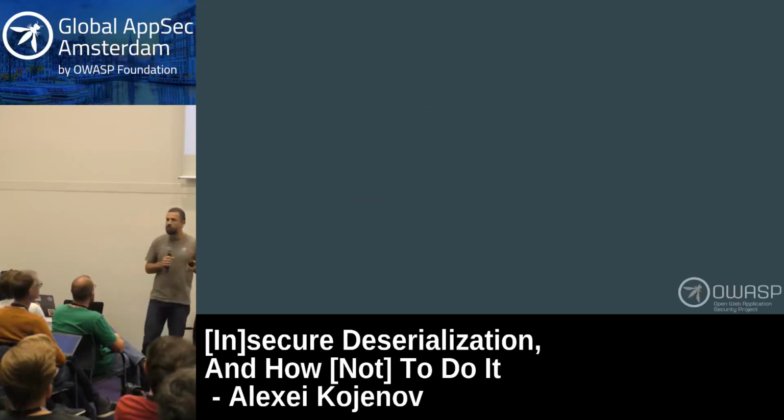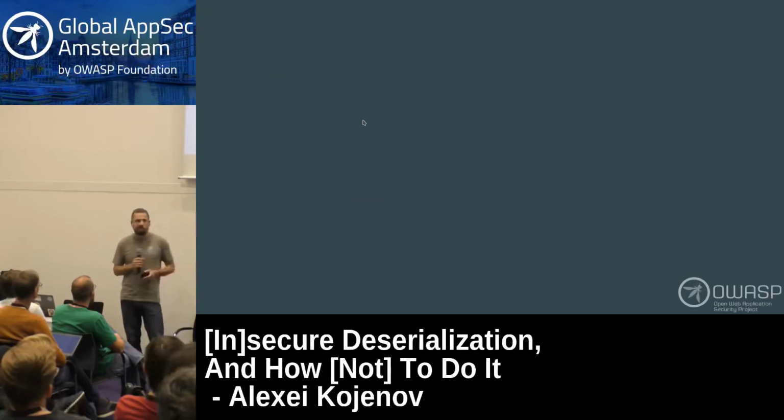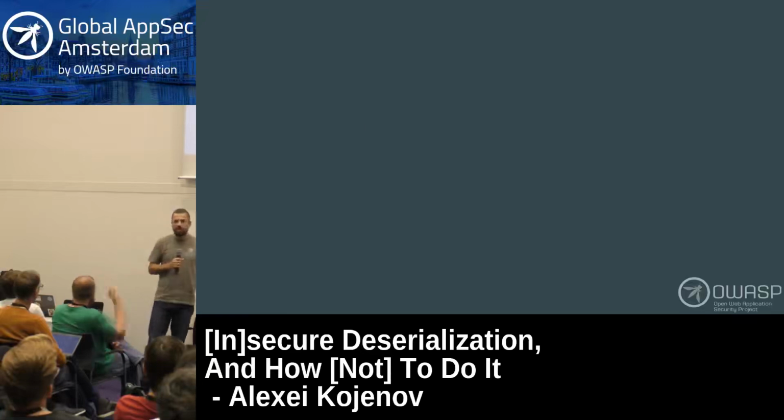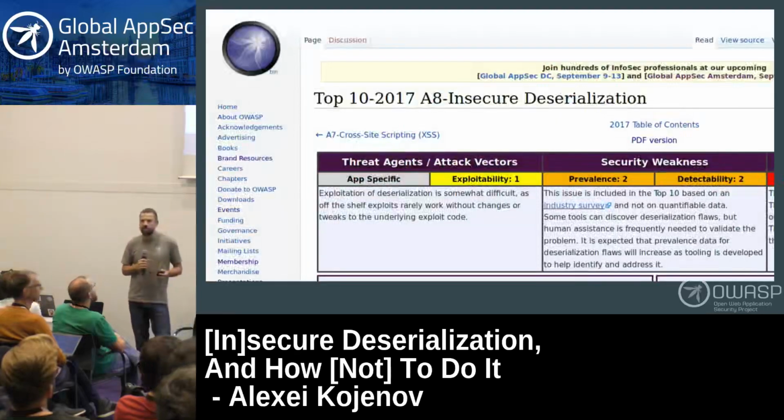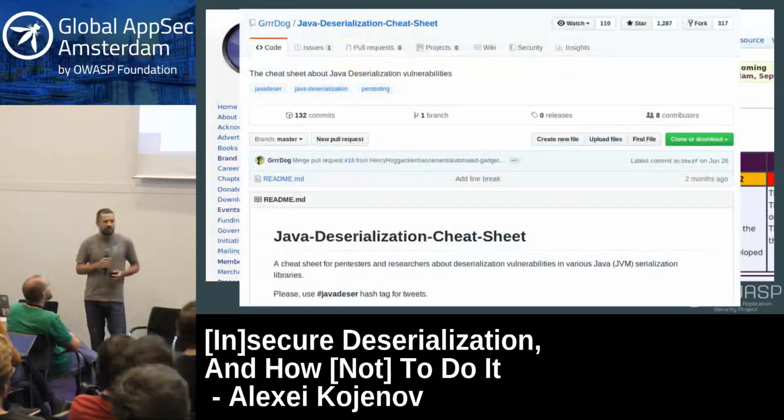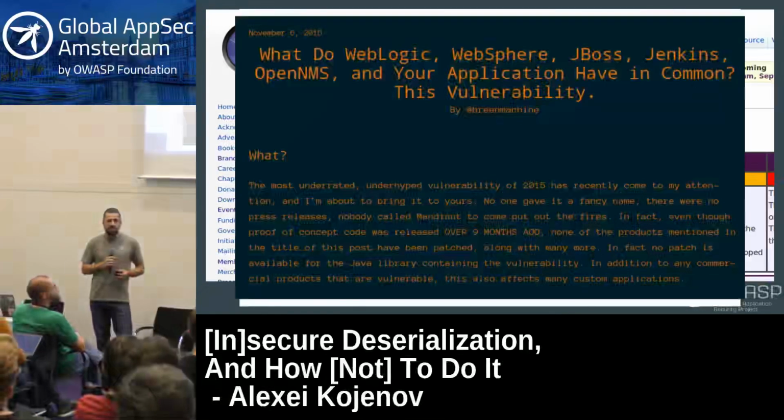So, as you know, insecure deserialization was added to OWASP top 10 a couple of years ago at the end of 2017. Shortly after that, at one of my previous jobs, I was asked to create a small online class on the topic. I started looking into it and I thought, hey, it's kind of boring. There's not much to talk about. But as I started looking into everything that's available online, I realized that the topic is huge.